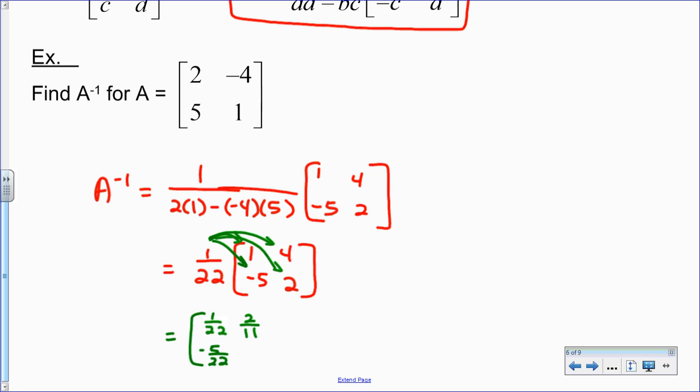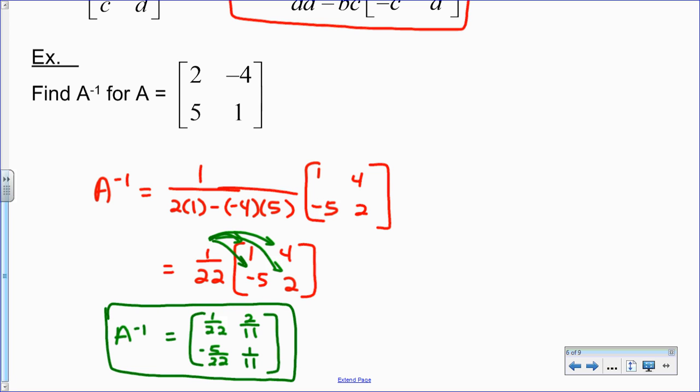And 1 over 22 times 2 is 1 over 11. So this is the inverse of A. Remember how to check that. If you type in A and A inverse and multiply those together, you should get I, 1, 0, 0, 1. Okay, that's what an inverse is.